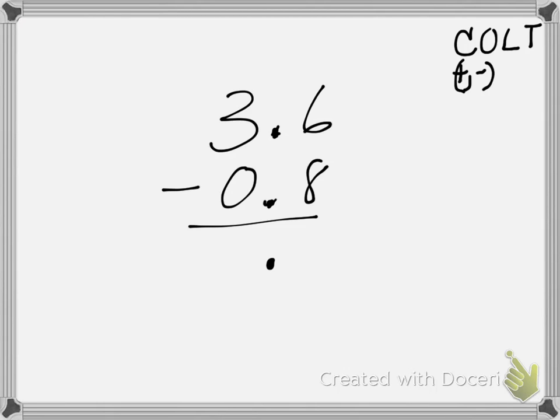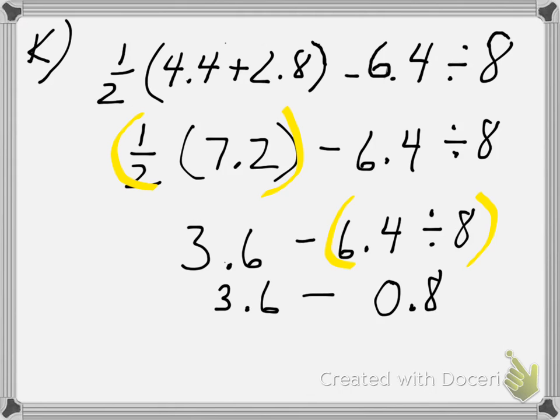So we ignore the decimals now. We have it in place. So we're going to go ahead and we're going to borrow here. And 16 minus 8 is 8. 2 minus 0 is 2. So 2 and 8/10. So that's going to be our answer. So we're going to go ahead and go through and use order of operations.